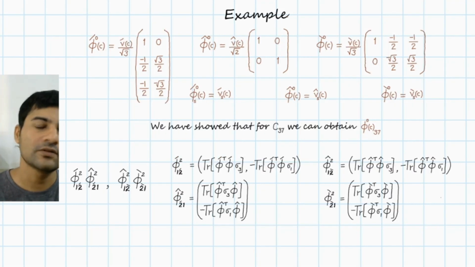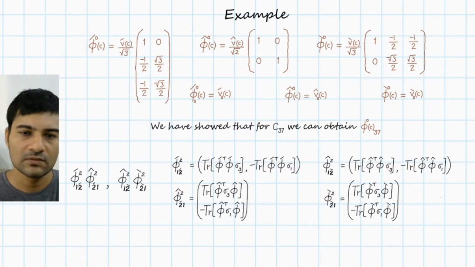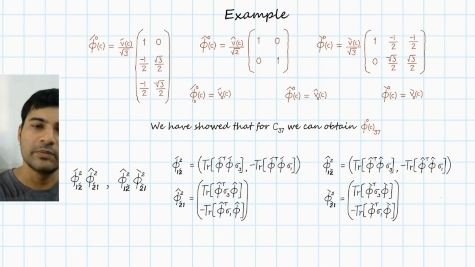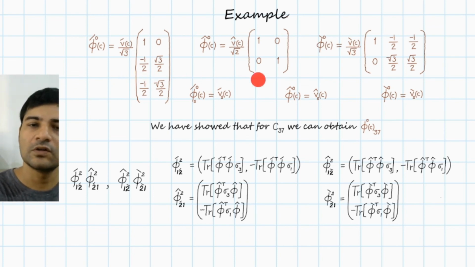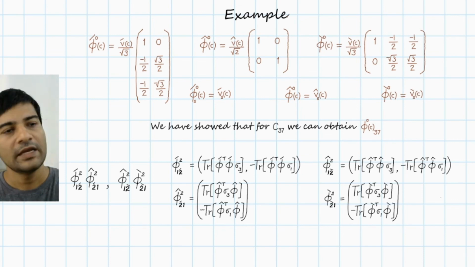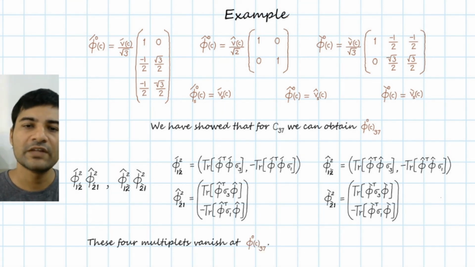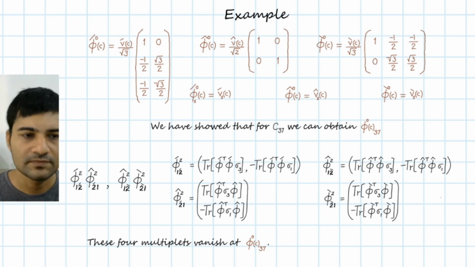Now let's go back to the third assumption. The third assumption is that the multiplets with which we constructed these last 2 terms should vanish for this state. And it's just a matter of simple substitution. We can show that they indeed vanish.